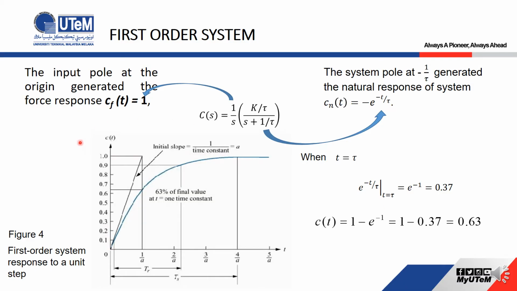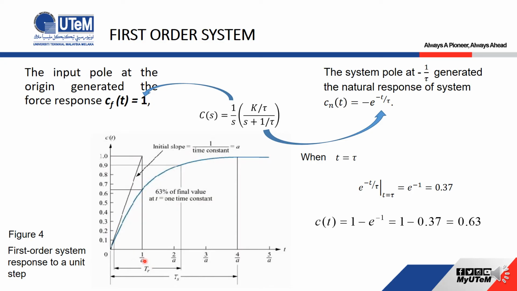This figure shows the output response of the first order system. Some information can be obtained through this response, that are rise time Tr, settling time Ts, and final value.